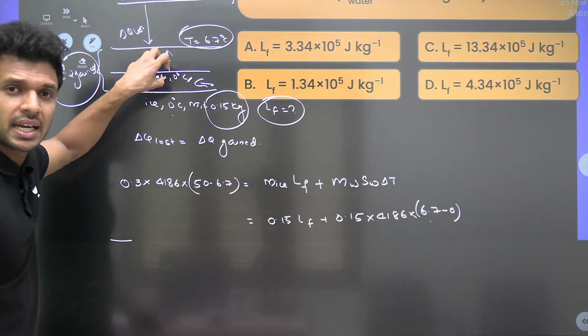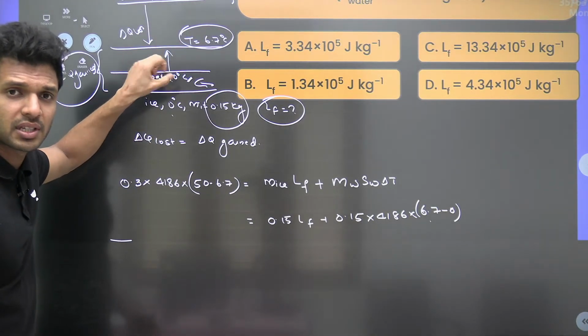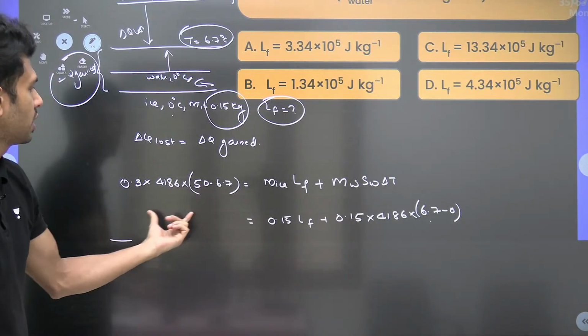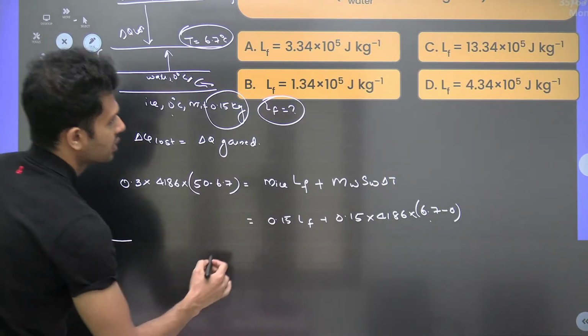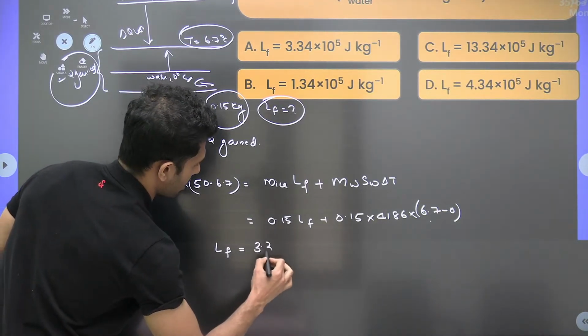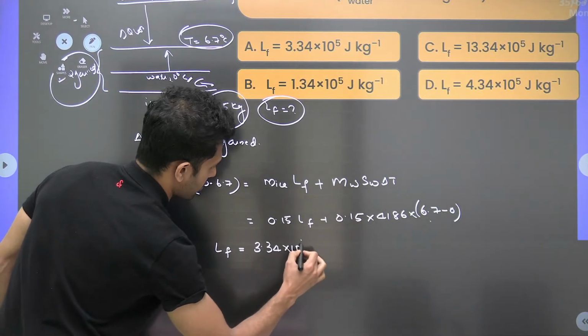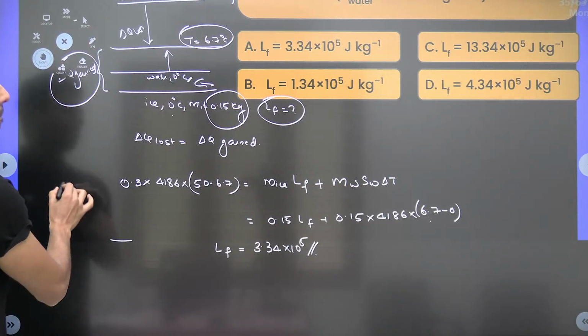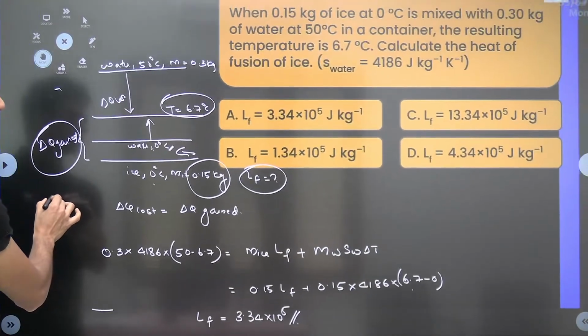So the total heat energy used for these two purposes gives you the amount of heat energy gained. What is the only unknown here? LF. Once you solve for this LF, how much will you get? 3.34 into 10 power 5. It will be obtained easily. Have a look once.